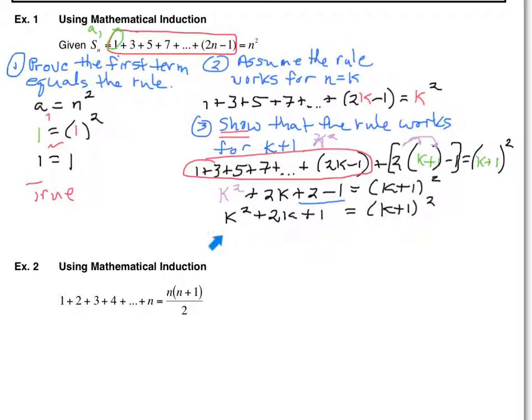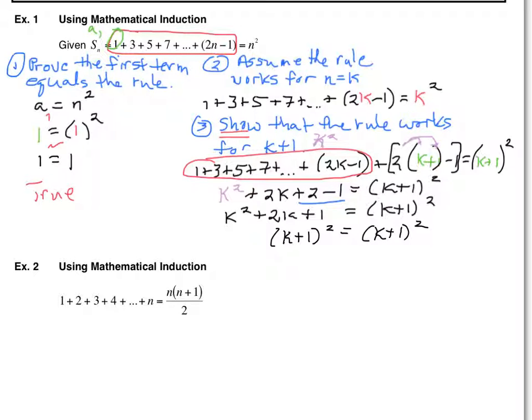They're both perfect squares. The square root of k squared is k. The square root of 1 is 1. 1 times k is k times 2 is 2k. It's a perfect square trinomial. It factors as k plus 1 squared. So the only next step that we have to do to prove it is to factor this as k plus 1 squared is exactly equal to k plus 1 squared.